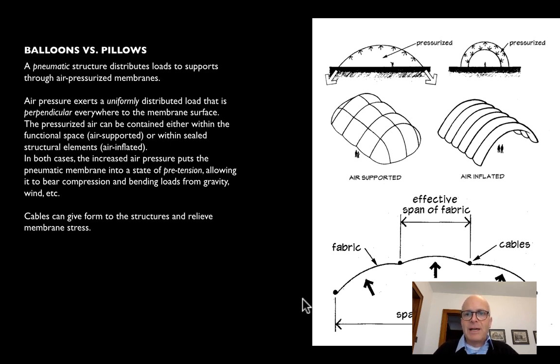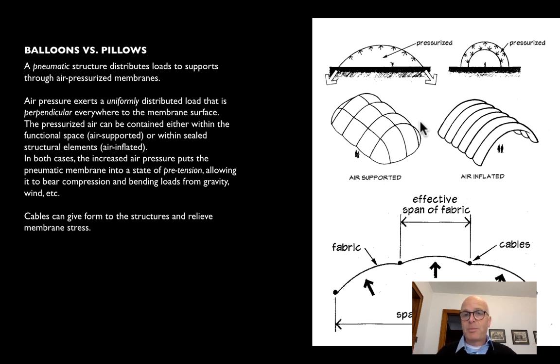And in doing that, we put an equal pressure on every square inch of the membrane, if we've designed it right. That's a uniformly distributed load perpendicular to the surface everywhere, and therefore exerts a consistent tension force throughout the membrane.